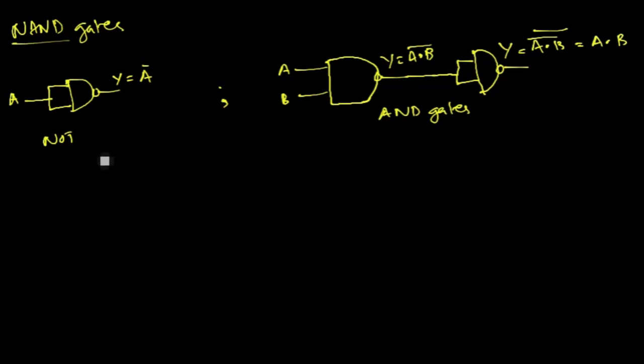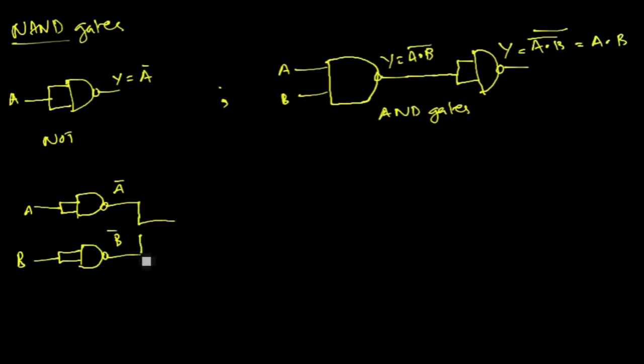Using two NAND gates we can construct an AND gate. Using a single NAND gate we can construct a NOT gate. Now consider another circuit with shorted inputs A, then it will be A complement. Here another one, with B, will be B complement.